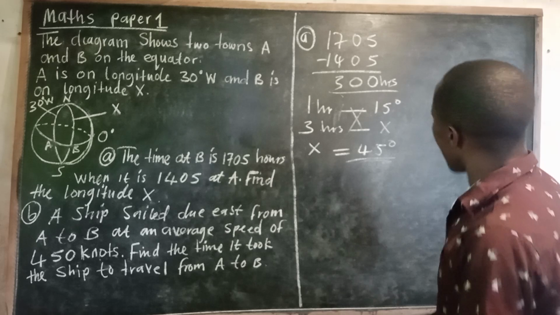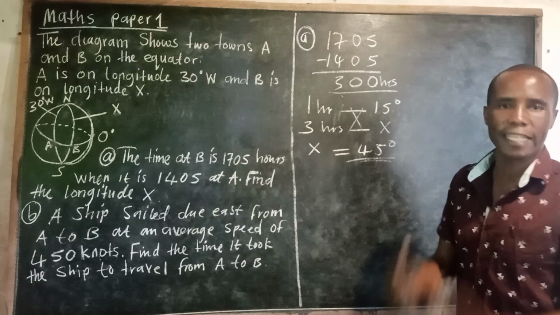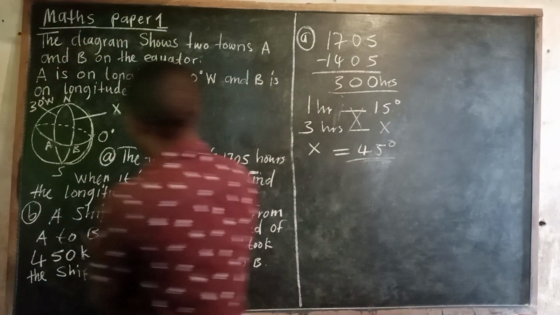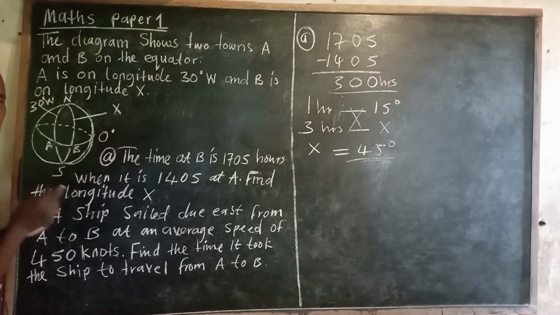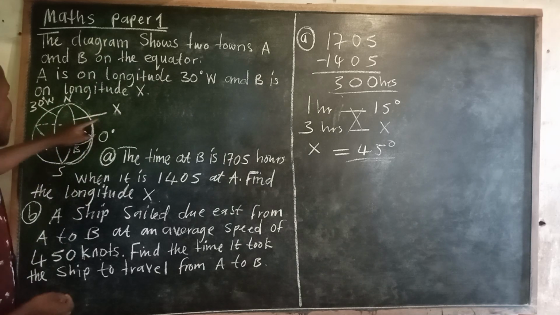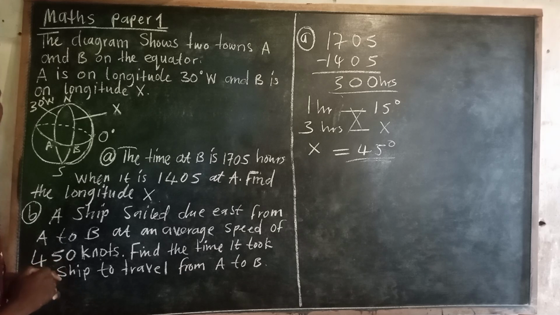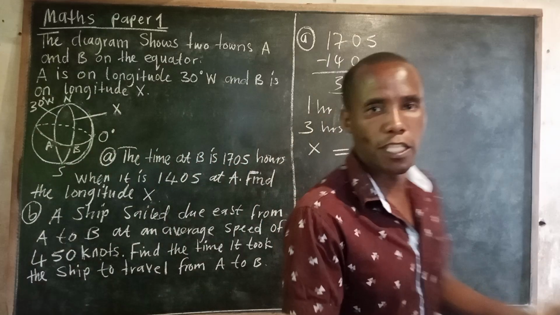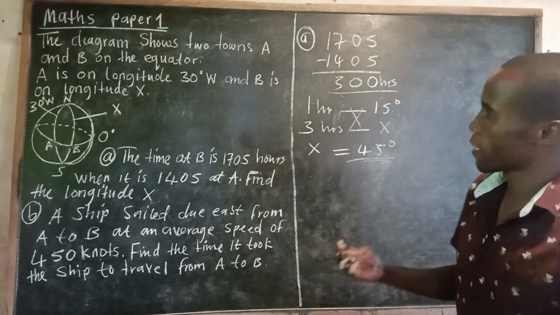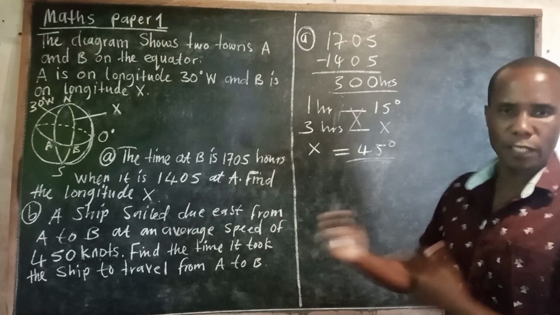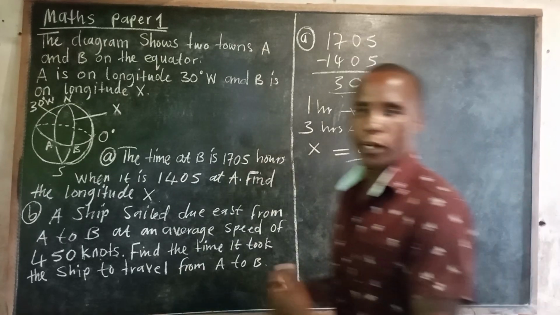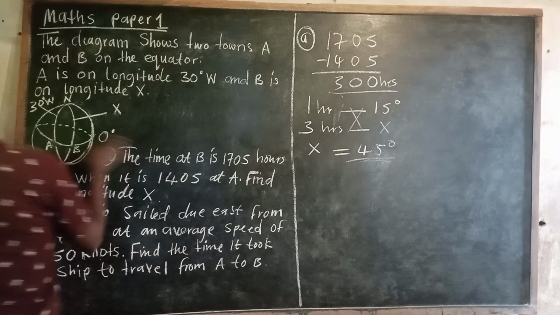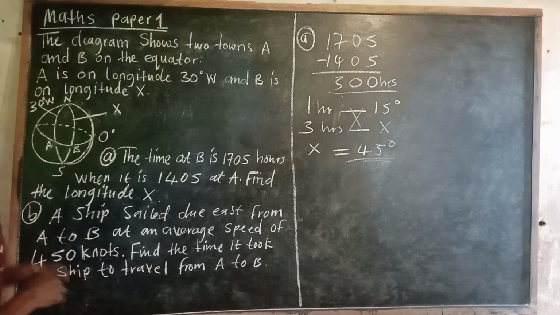Having known the difference in degrees, we can now find the longitude X. It's very easy now. Remember, when we are calculating the difference in degrees between two points, we always depend on the position of those two points.